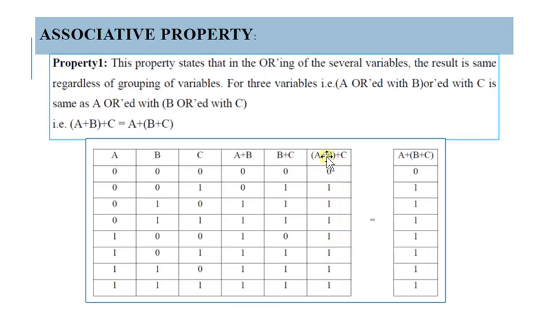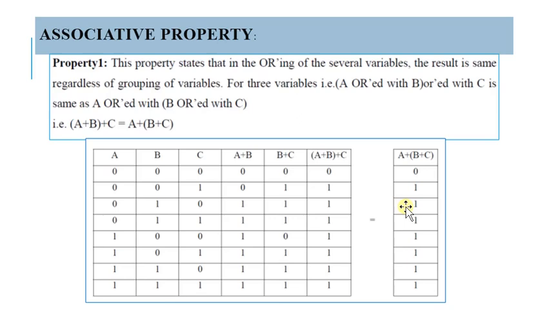Now, if you want to check whether this result is the same as that of the right hand side, what we do is perform b plus c as one group and OR it with a, and the result will be the same as that of a plus b plus c. So these two, when you compare, you can see clearly that the results are the same. So this is the property related to ORing of several variables.